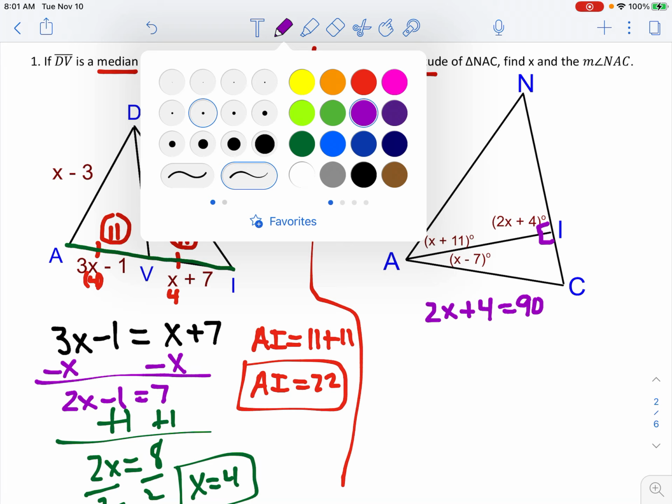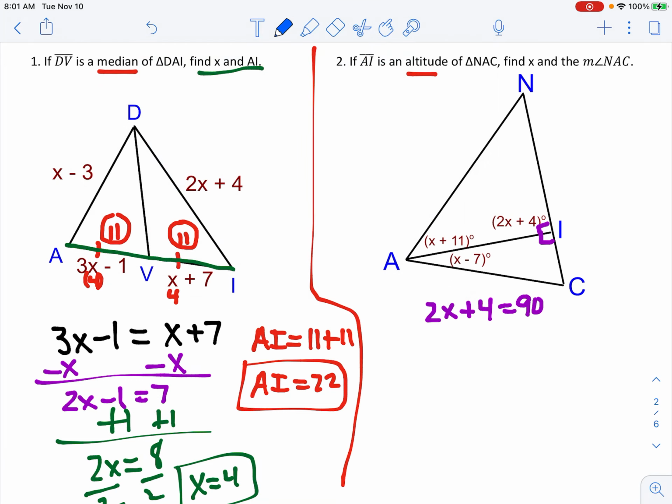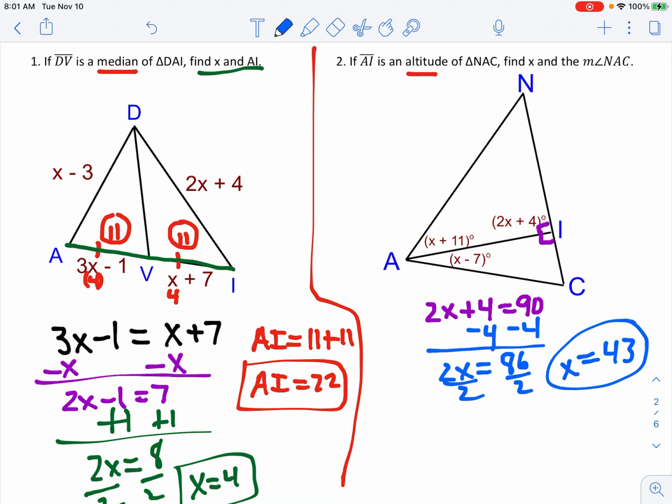I am then going to go through and solve it. Let's subtract 4 from both sides first. We're left with 2x equals 86. Divide by 2, and it tells me that x is 43.